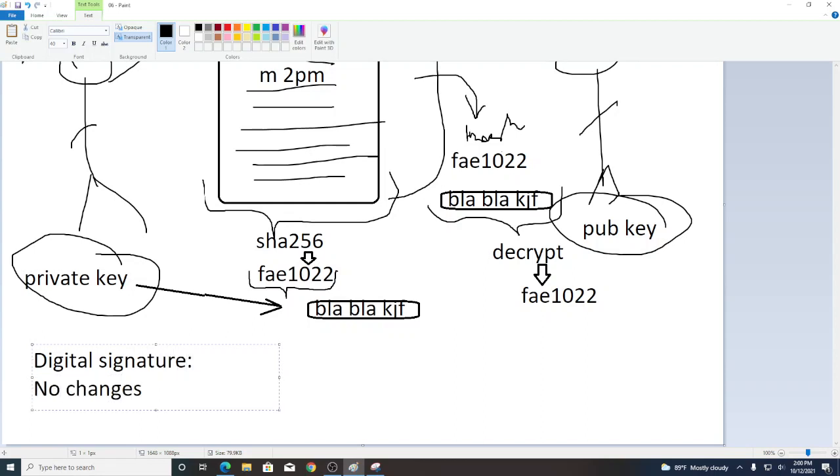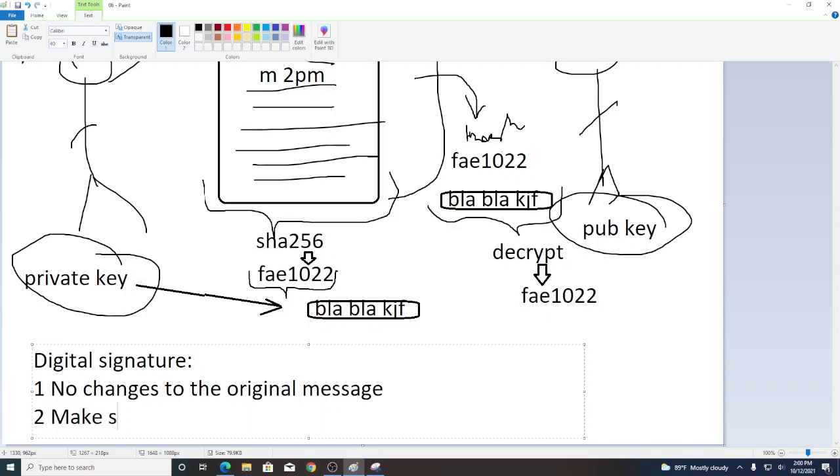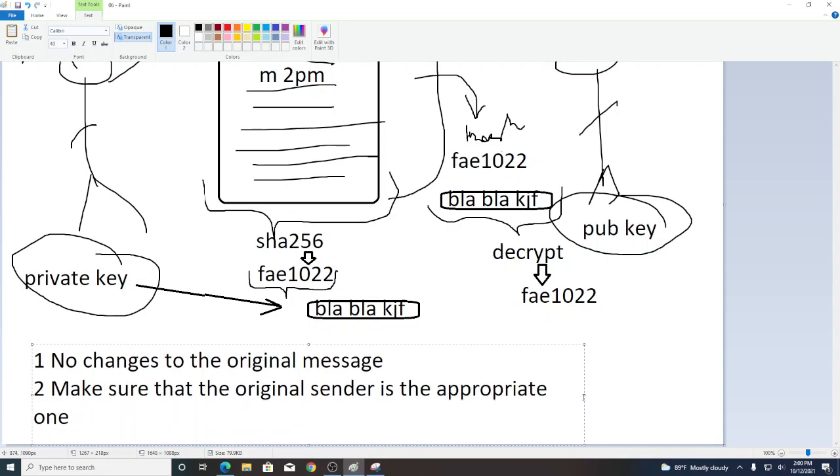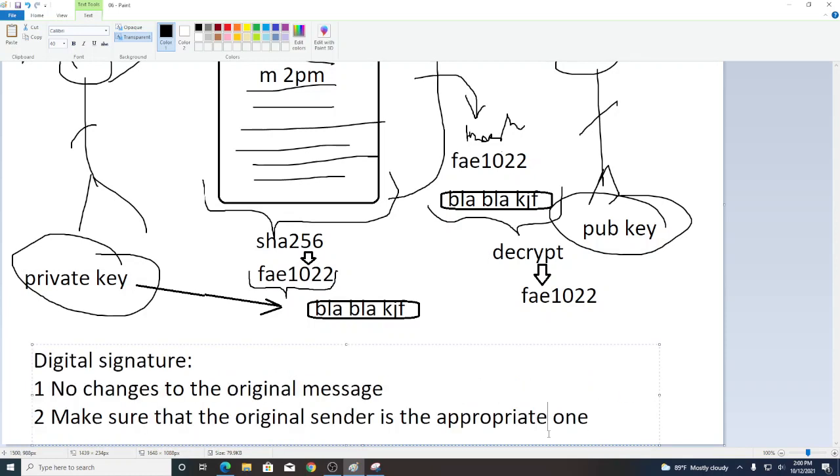It helps you to make sure that there were no changes to the original message, right? That's one function of the digital signature, and the second function of the digital signature is to make sure that the original sender is the appropriate one, or the intended one, right?